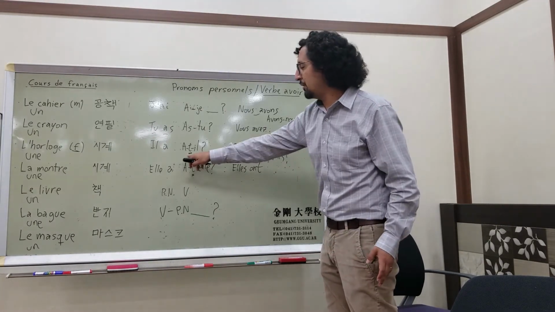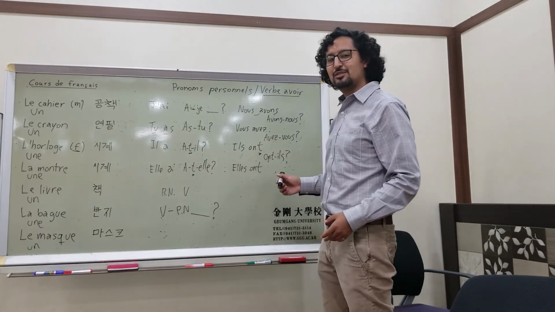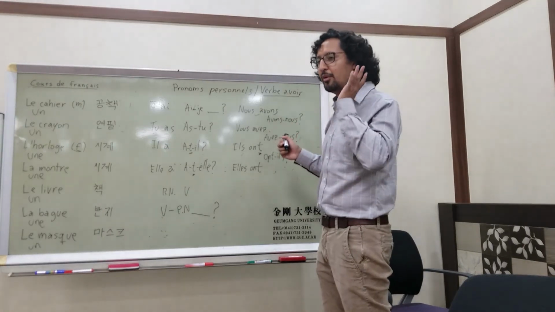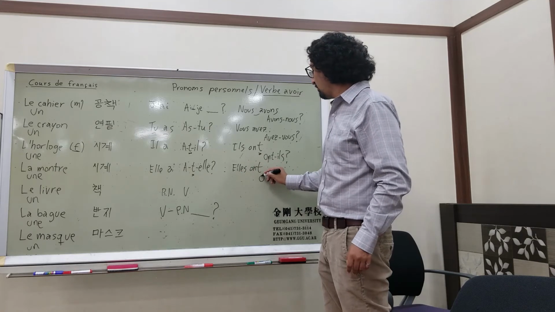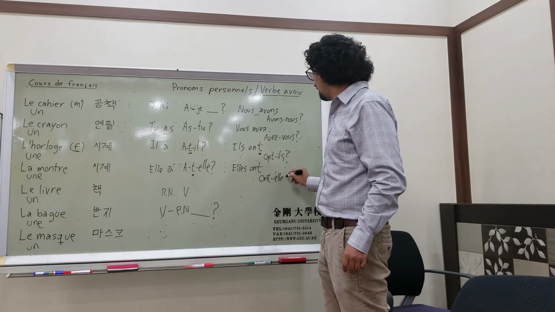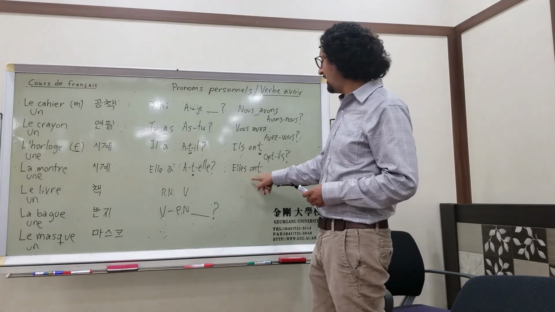So you don't need to add a T because the T is already there. Ont-ils. So then this T becomes more audible. Elles ont, ont-elles. Do they have? Does this group of women have this?